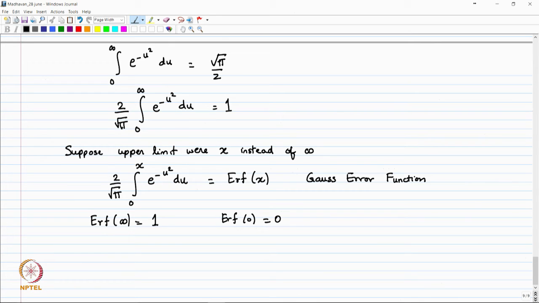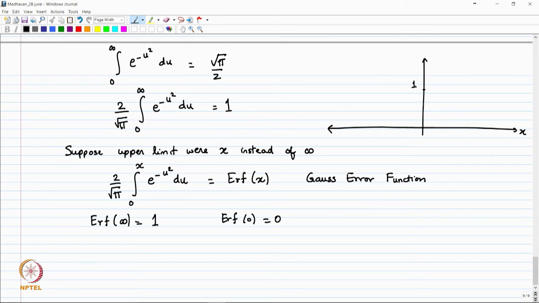And what does it measure? You can see this using a graphical representation. Suppose you take a Gaussian function. e to the minus u square is 1 when u equal to 0.